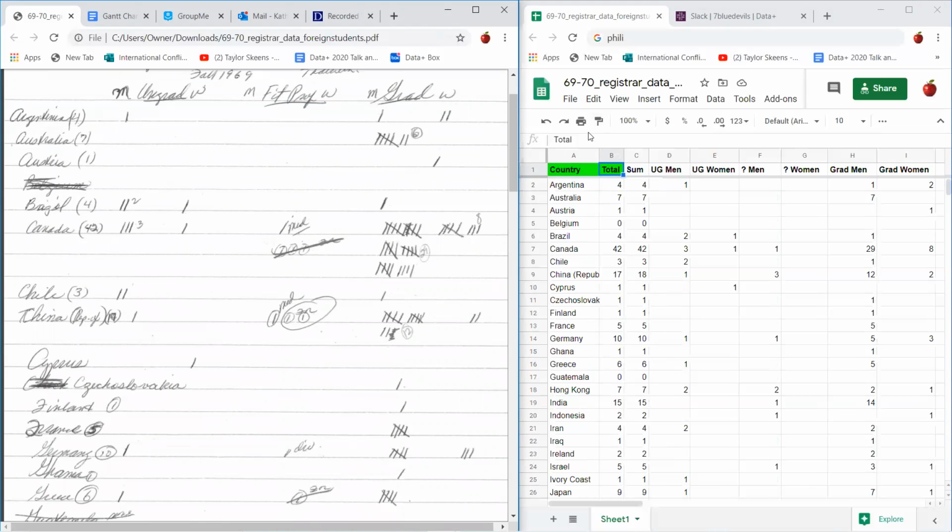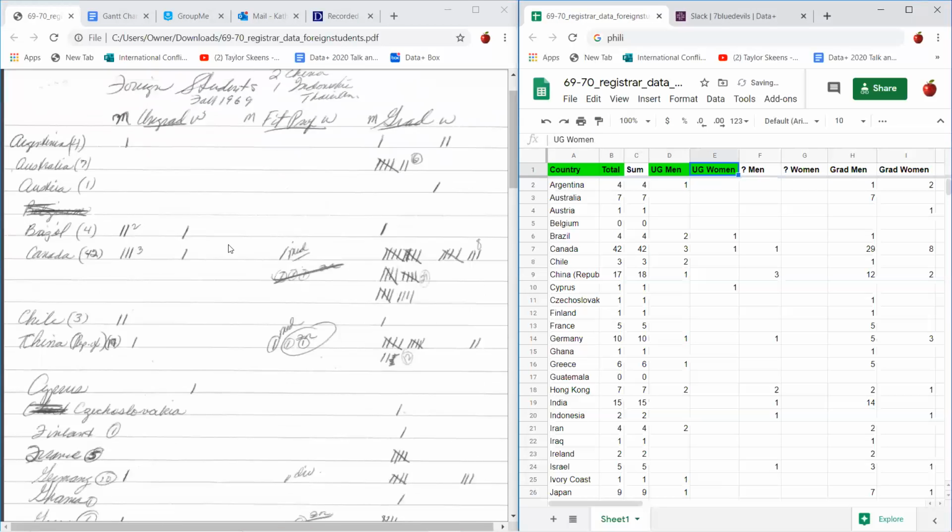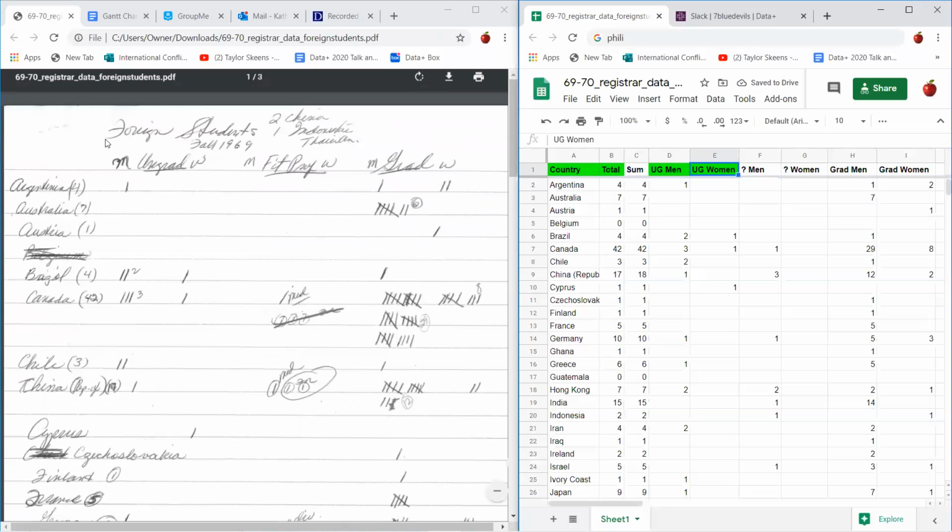Following that, I copied down the undergraduate men and women. That was also a little bit tricky just because some of these columns, you can see there are the columns undergraduate, what looks to say Fitzroy or something like that, I can't quite tell what that says, and then graduate, and then men are on the left, women are on the right of each of these.